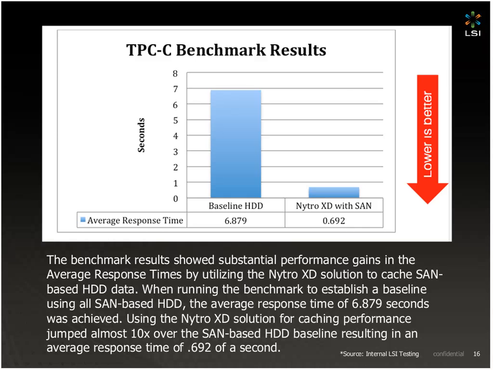One of the benchmarks we did in our labs was going against an iSCSI SAN. On the left side is the baseline using hard disk, and on the right, all we did was implement XD: no database changes, no storage changes, and we got a 10x improvement. It's very easy to do, no database changes. The DBA doesn't even know that we're caching.